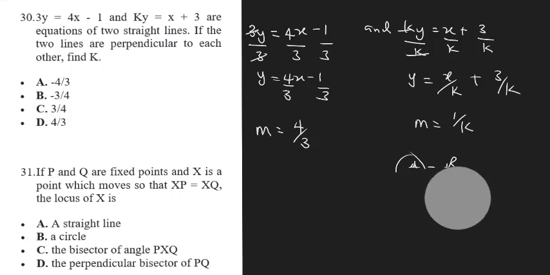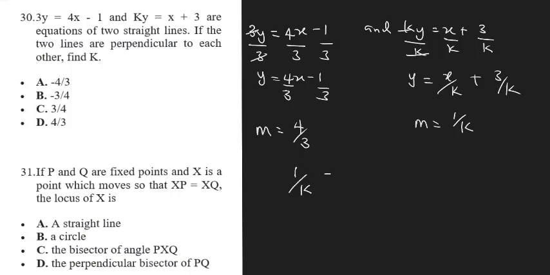So that's the same knowledge we're going to use. Since we equate them, you're going to have 1 over k is equal to 4 over 3, right? But you are going to change the second part of the equation upside down. So it's going to be what? It's going to be 3 over 4 and add a negative sign. This is due to the what? The inverse of perpendicular.